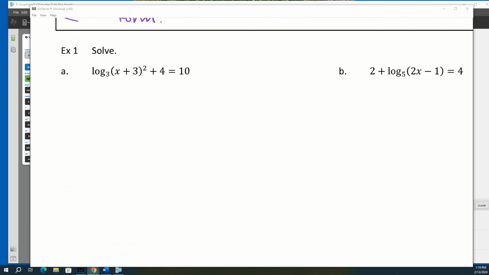All right, so if you were trying to isolate the logarithm on example A, what would you do first? Yes. So that means that log base 3 of (x plus 3) squared is equal to 6. Now there are multiple ways we can do this. We could go ahead and write it in exponential form, but it might make it easier for us if we use that property where we can move the power down in the front.